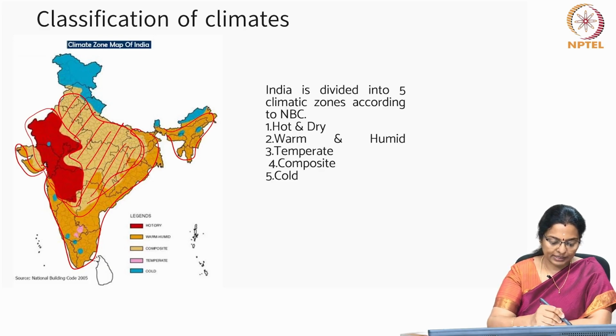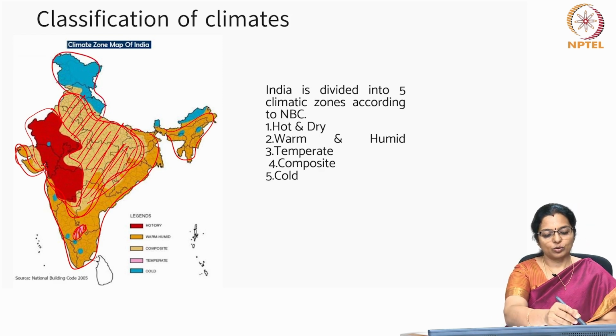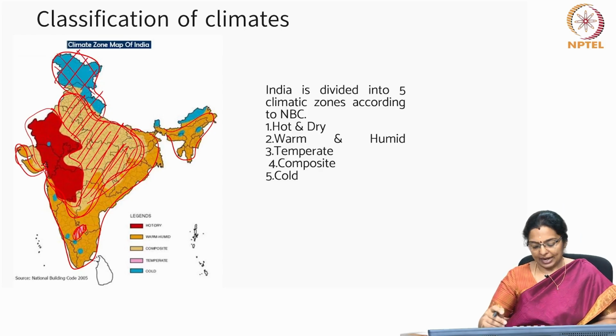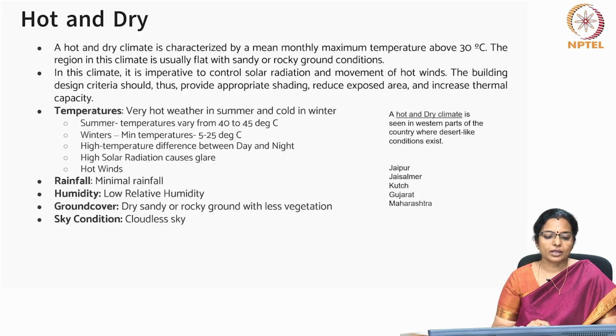Then there is composite climate. There is a small belt of temperate climate and then there is cold climate. So these are the climate classifications as per NBC, which is extremely broad for a country like India.